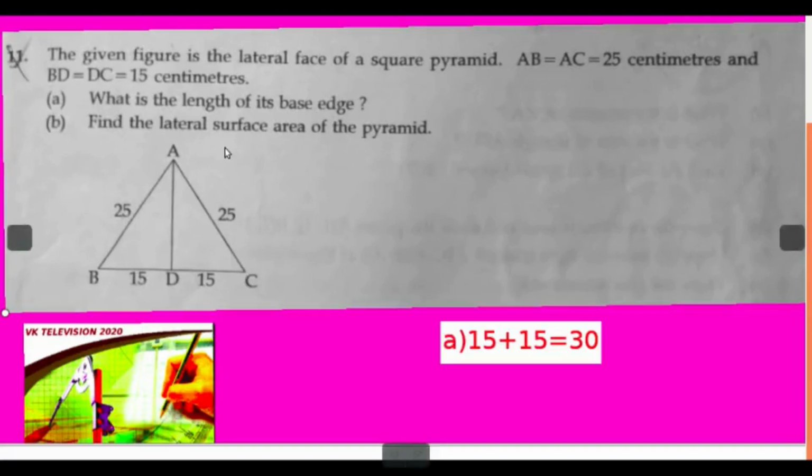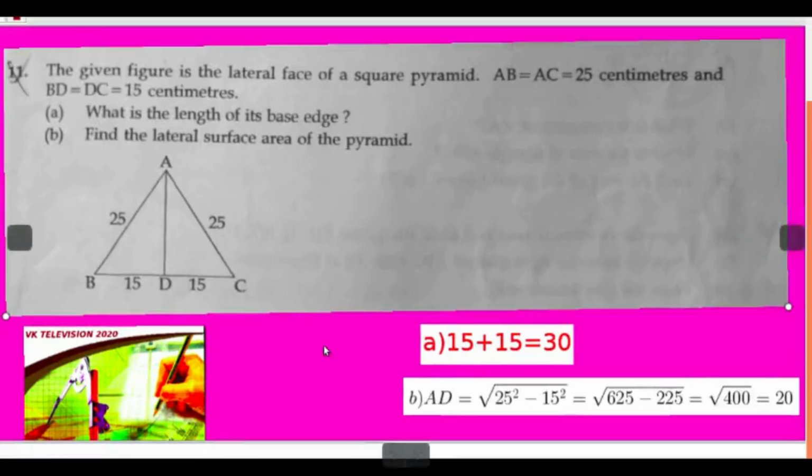We find the lateral surface area of the pyramid. To find it, we first find out the length of AD, that is the slant height of the given square pyramid. AD is equal to root of, this is a right triangle, root of 25 square minus 15 square, which is root of 625 minus 225, root 400, equal to 20.